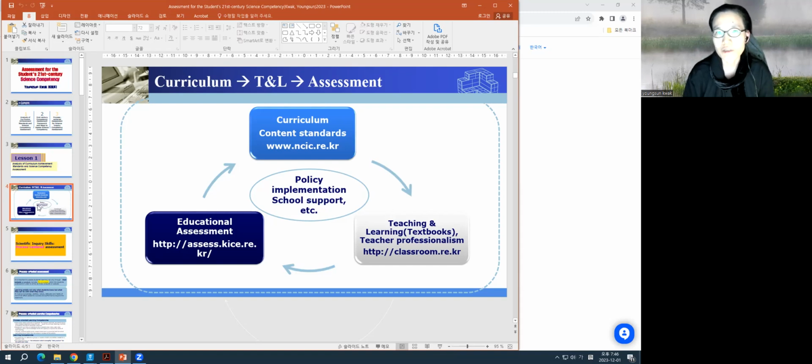And then we also need the hardwares and textbooks and other things. And then after teaching and learning, we move on to student assessment. It's about quality check of how you do with the teaching and learning of science curriculum.